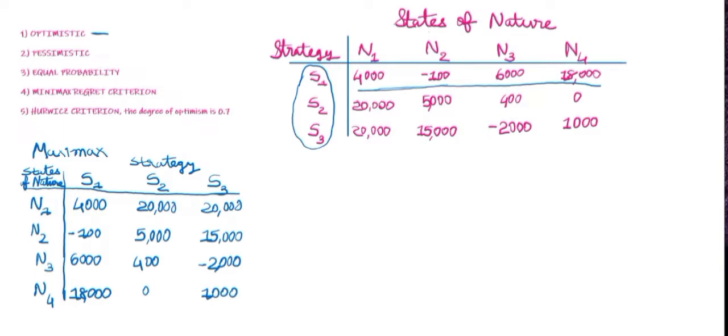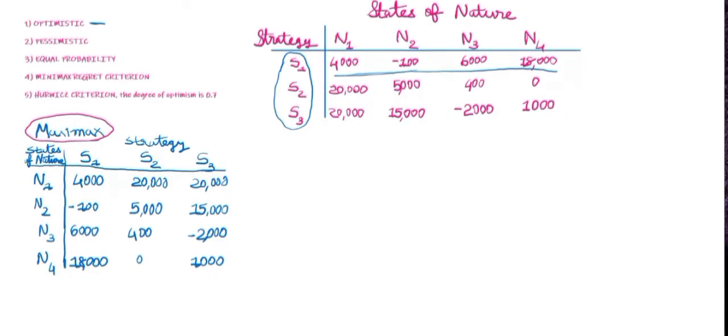Then after, we'll find the maximum value for each of these three columns, as we need to find the Maximax criterion. So here I'll write it, column maximum. For the first column, our maximum value is 18,000. Then for the second column, it is 20,000.